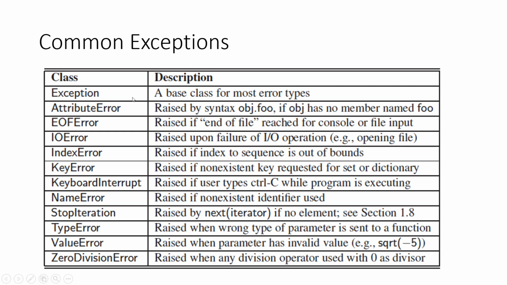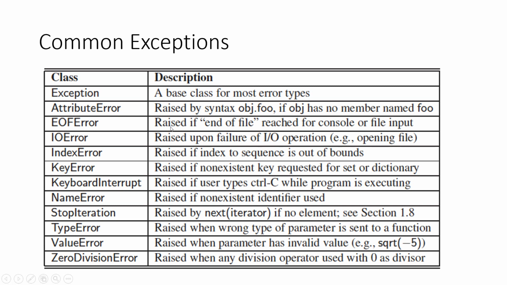Now if you look into it, Exception is a base class for most of the errors. AttributeError is raised by the syntax where we try to access a data member of an object; if it is not there, it will throw an error. EOFError is raised for console or file input whenever it reaches the end of the file.